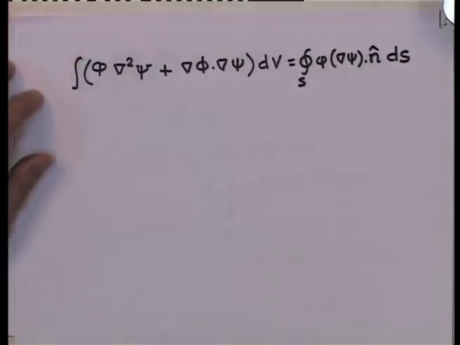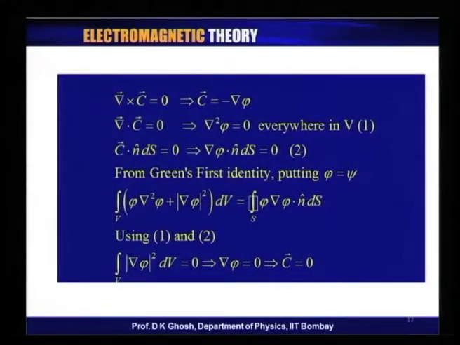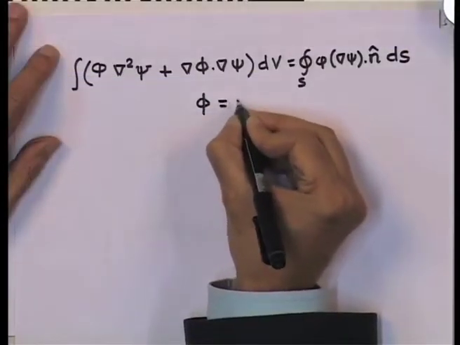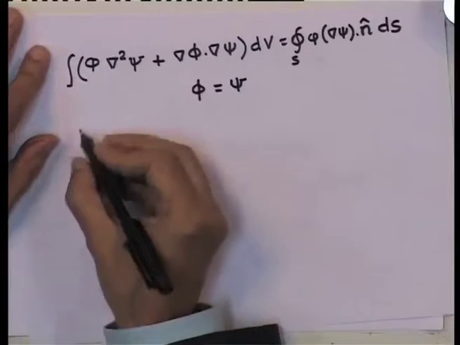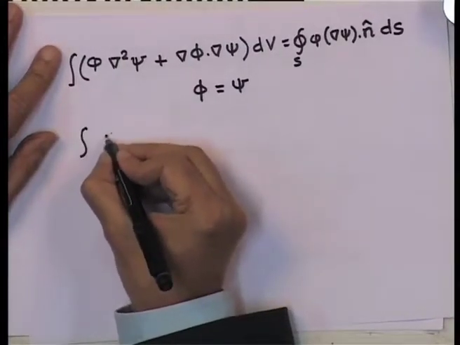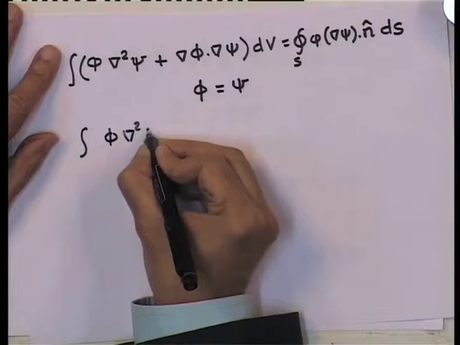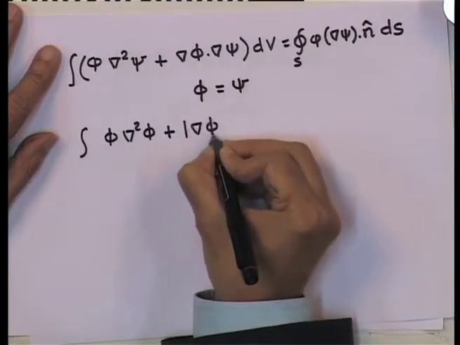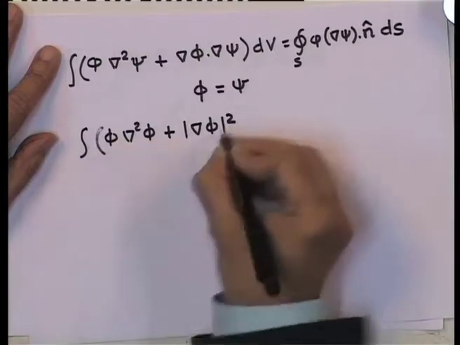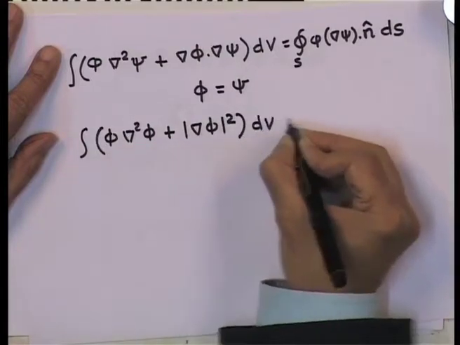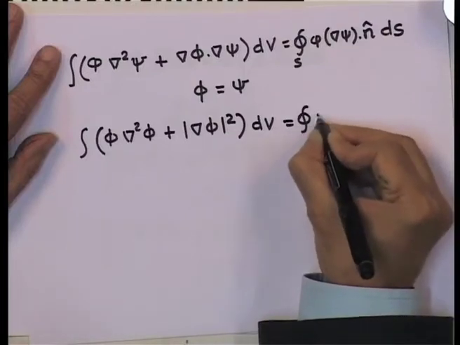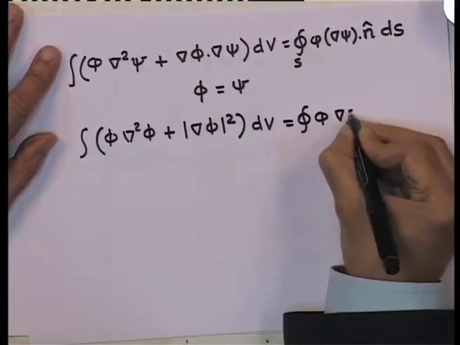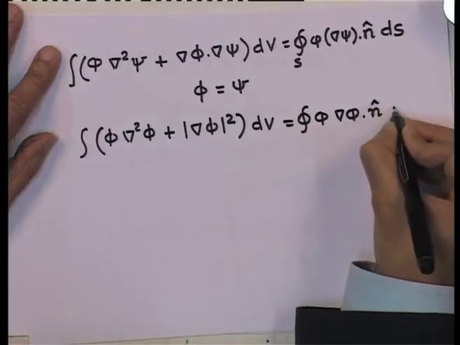Now, let us suppose phi and psi are arbitrary scalar functions. Let me take phi to be equal to psi in Green's first identity. Then this equation becomes phi del square phi plus the absolute square of del phi, integrated over a volume, is equal to the integral of phi del phi dotted with n ds.